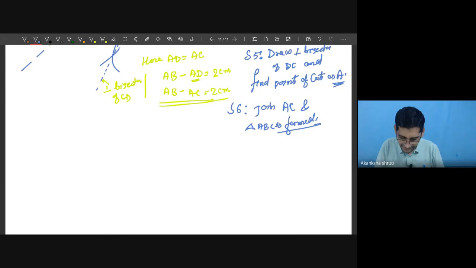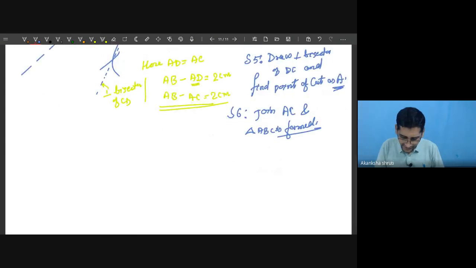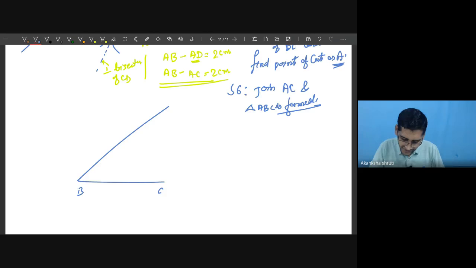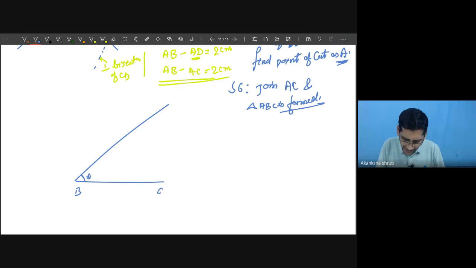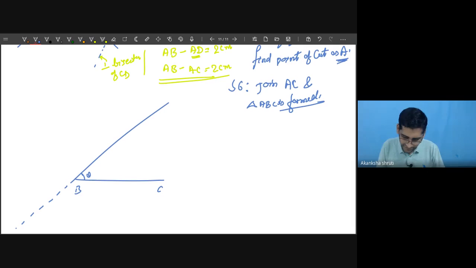What I mean, here we have observed that it is our BC and I had taken the ray somewhere D here and I had advised you, let me take the D now far away. So while making this angle theta, I had told you to draw it on both sides. Why? You can understand quickly.